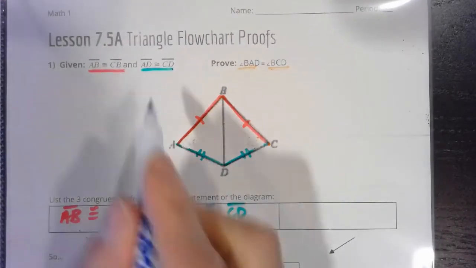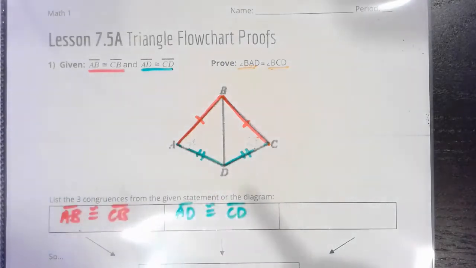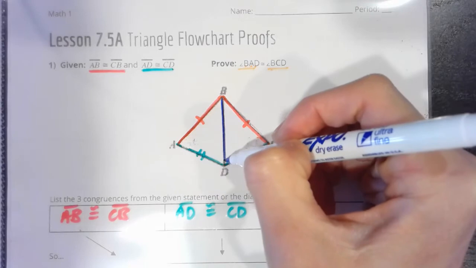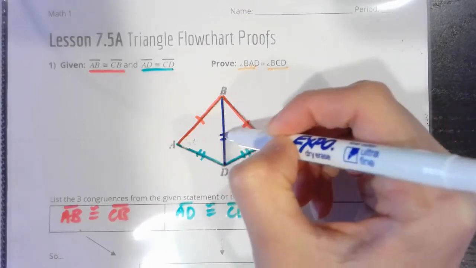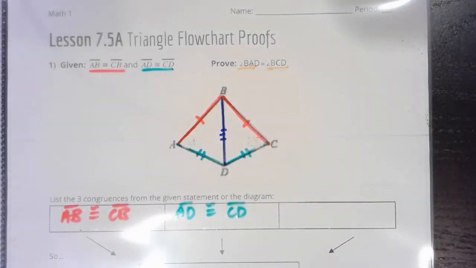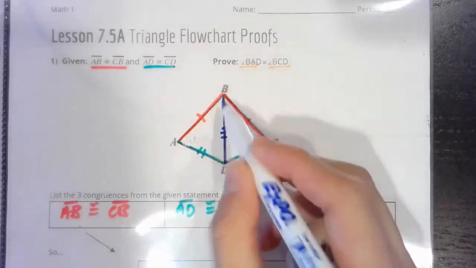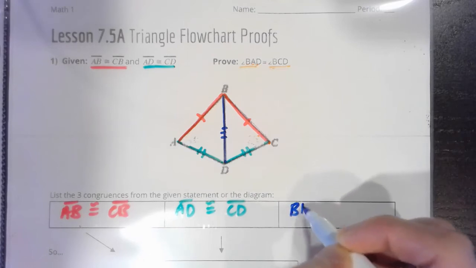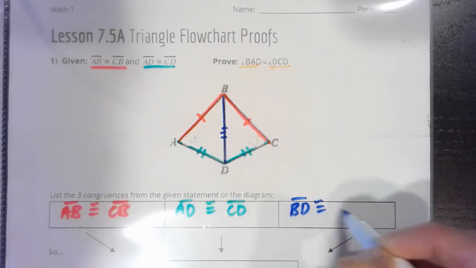And even though it's not written out, we know that the third side is going to be congruent because the third side of each triangle is shared by both of them. And because it's a shared side, we know it has to be congruent. So we can conclude that BD is congruent to itself.